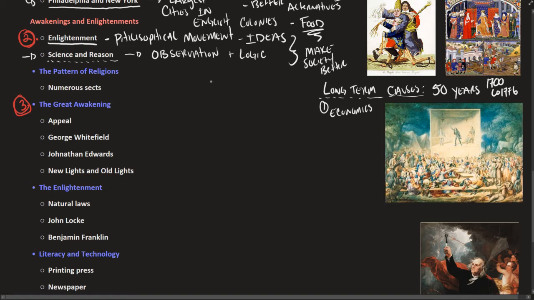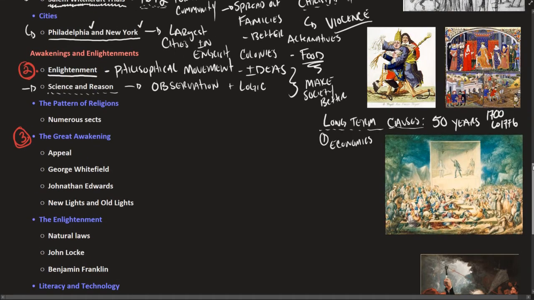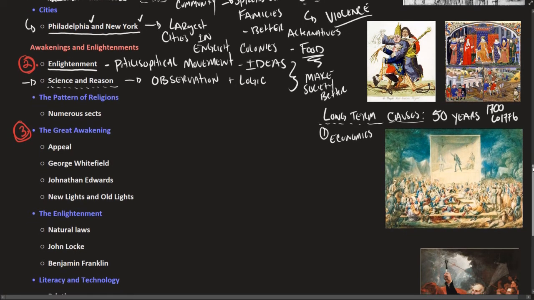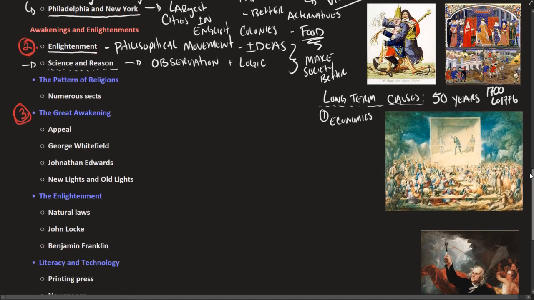I'll explain it a little better in a second, because the Enlightenment doesn't make sense unless it's understood where it's coming from, and we'll talk about its origins in a moment. But just to begin with, understand the Enlightenment as a philosophical movement and a movement of new ideas.